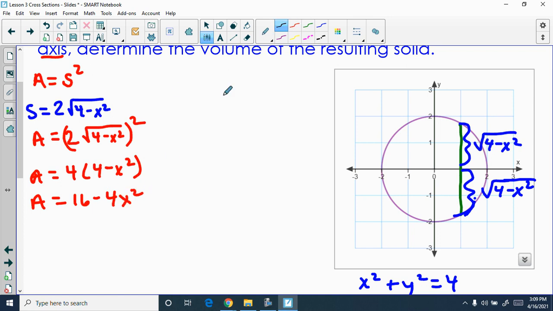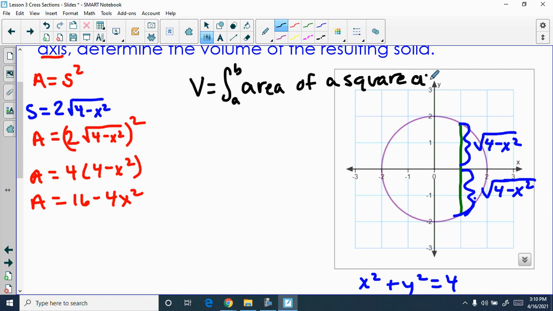The last step here is to find the volume. So to find the volume, we're going to take the integral from a to b, which are going to be our upper and lower limits for our x values on our graph. And then we're going to take the area of a square with respect to x. Okay, so we're going to have our upper and lower limits.